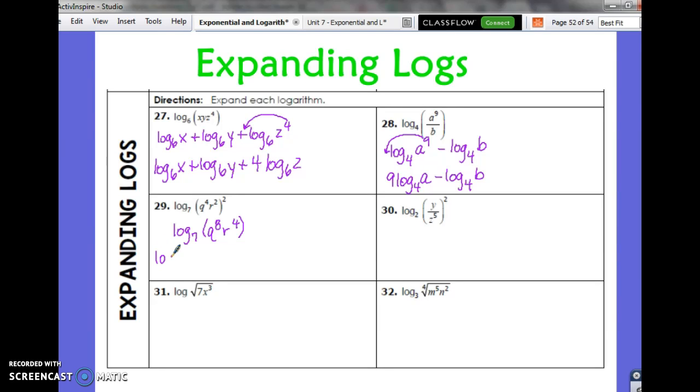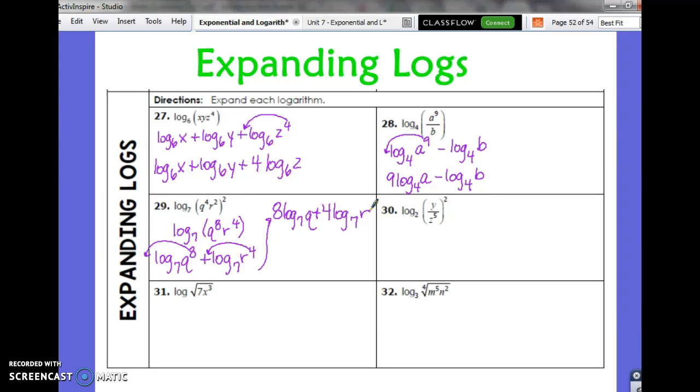So I'll have log base 7 of q to the 8th plus log base 7 of r to the 4th. And then I can use the power rule and bring those powers to the front. I don't have to worry about multiplying them by anything or making sure they get distributed to whatever that's already happened. So we will have 8 log base 7 of q plus 4 log base 7 of r.